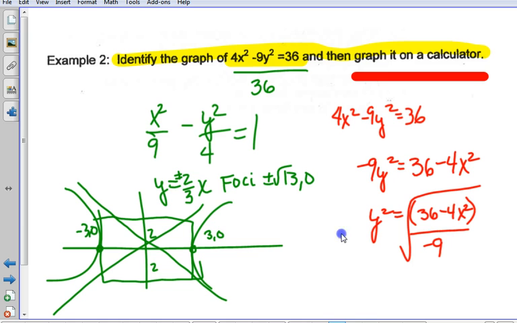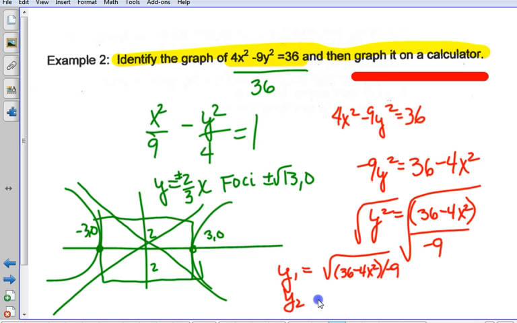And then we'd have to square root, and if we were typing it into y1 and y2, we'd have to do the square root of 36 minus 4x squared over negative 9, all in the square root, and then negative square root of 36 minus 4x squared all over negative 9.